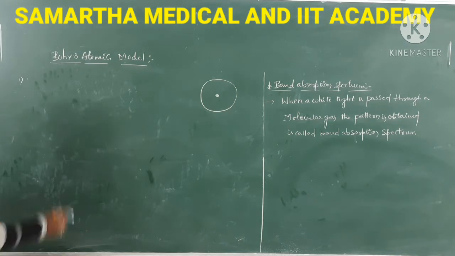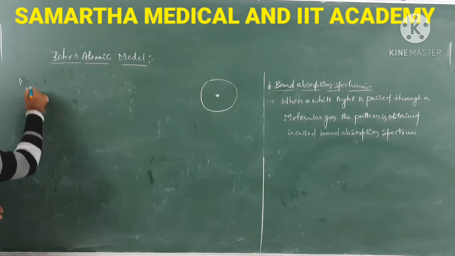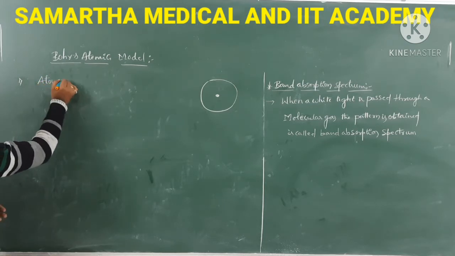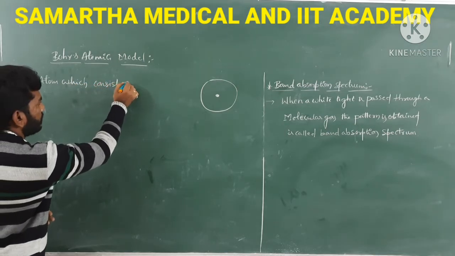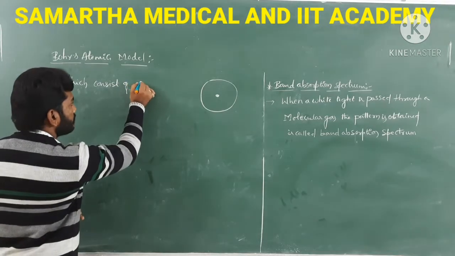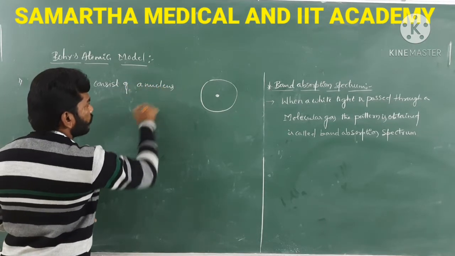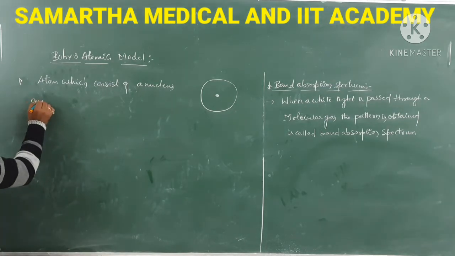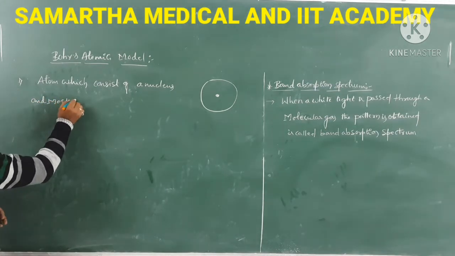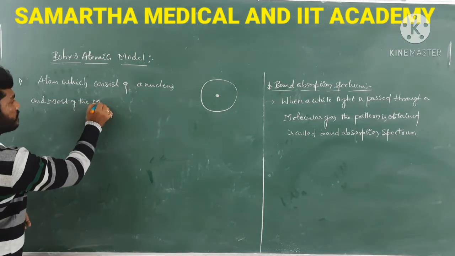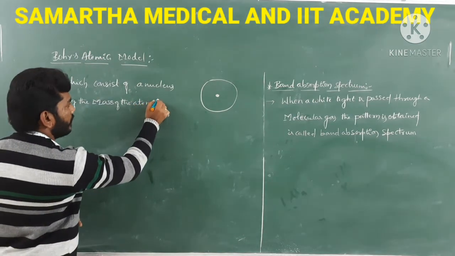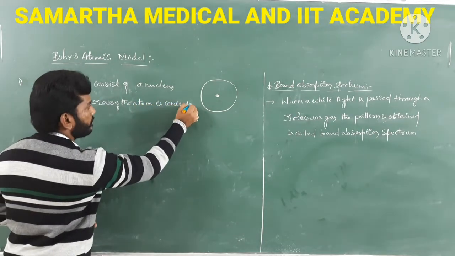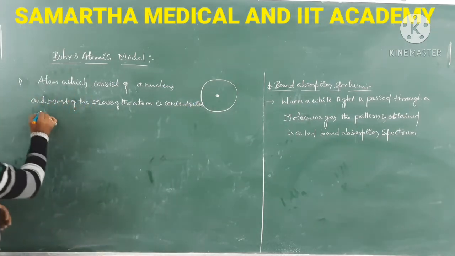So let's write, guys, the very first postulate of the atomic model. According to him, an atom consists of a nucleus, and most of the mass of the atom is concentrated at the center.